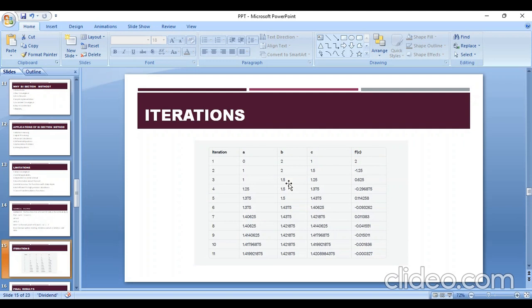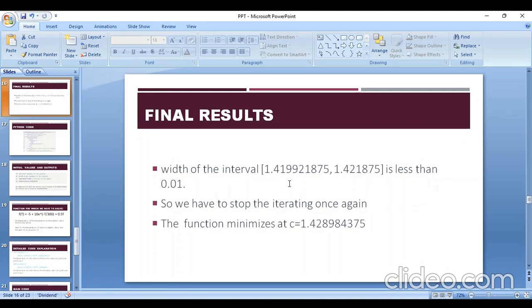So we will be repeating this process until the derivative at the midpoint is 0 or the interval length is less than the tolerance, and the tolerance is approximately 10 to the power of minus 5 or 10 to the power of minus 6, etc. In the 11th iteration, the width of the interval is less than 10 power minus 2. So we will be stopping the iteration. So the minimum lies in the point which is the midpoint of the interval.